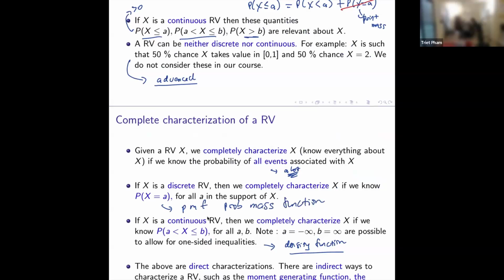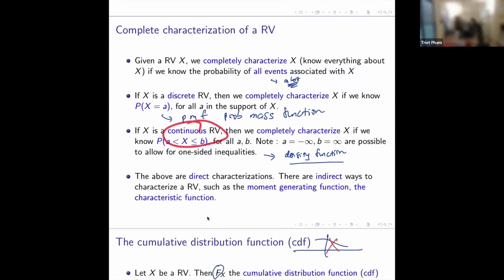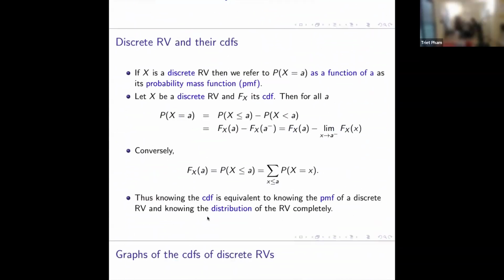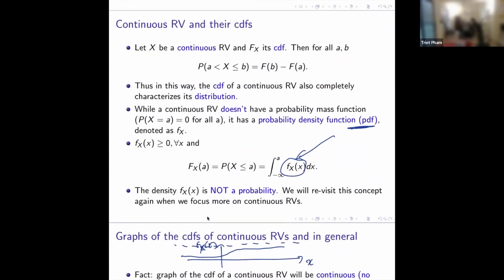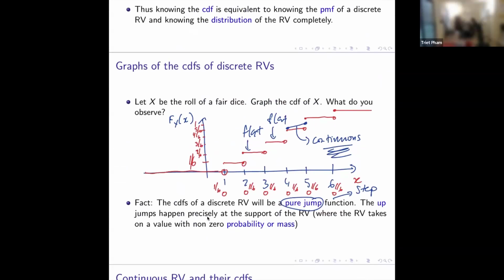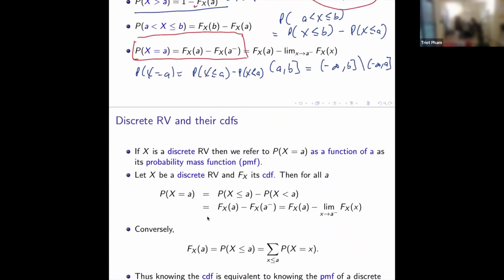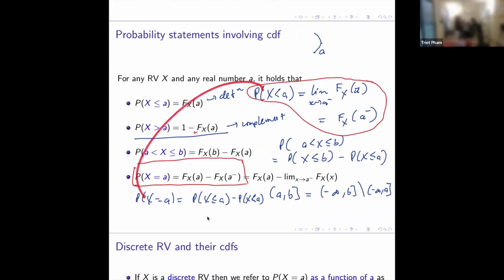For a continuous random variable, you need to know their density function, which is the derivative of the CDF. And finally, you should have some idea of what the CDF is and how they behave, because the CDF is the tool that is common for all random variables. Okay.